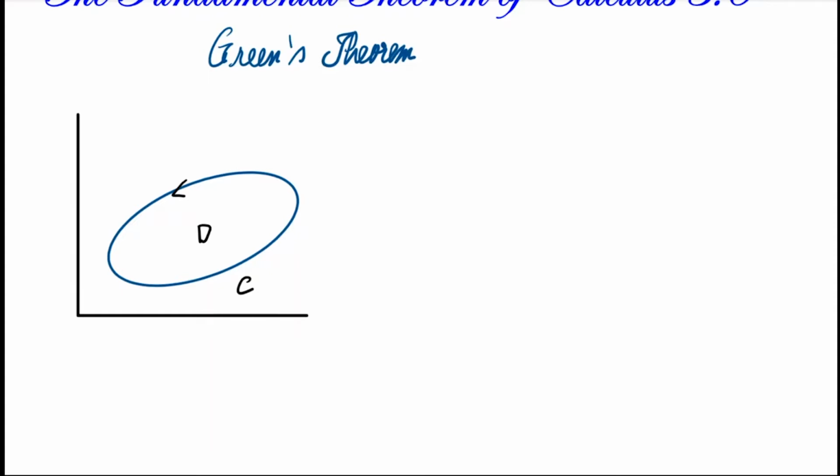Now we have to distinguish the two. D here is the interior, and C here is the boundary. Why can't I spell today?